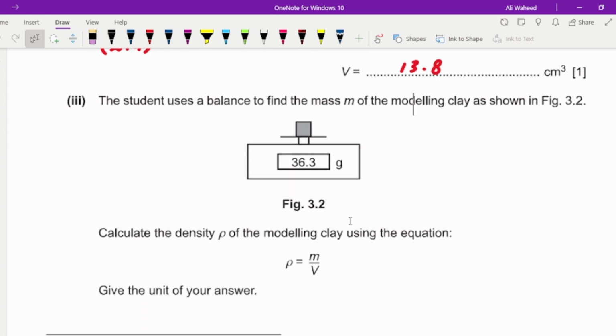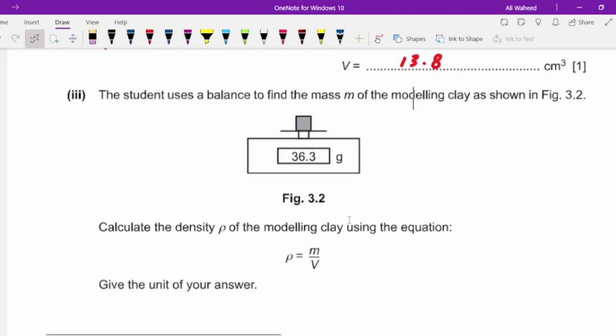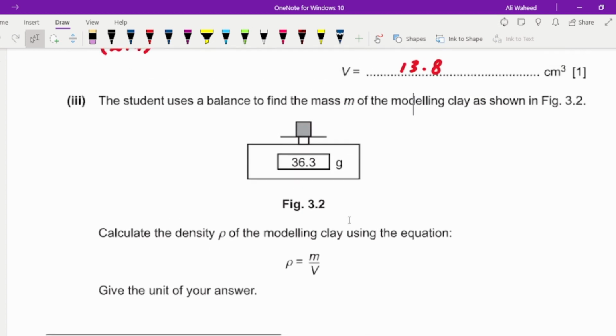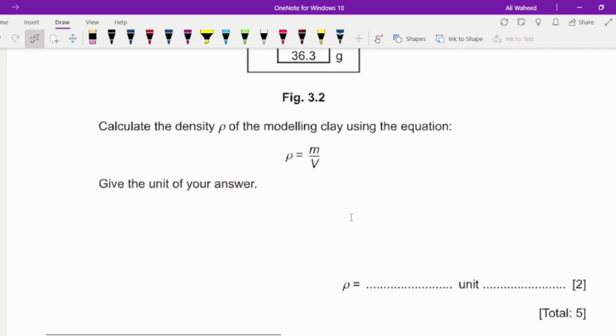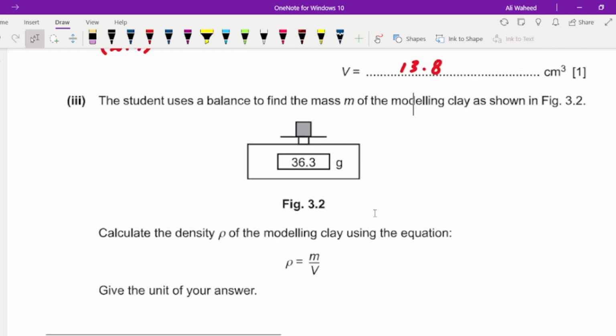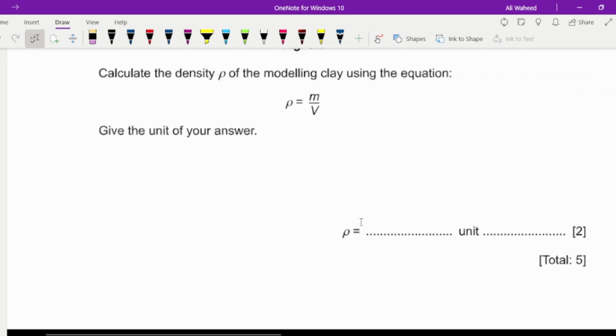The student uses a balance to find the mass m of the modeling clay as shown in figure 3.2. And then the mass is shown. We have calculated the volume. We have to put both values in the formula and calculate the value of the density. So 36.3 divided by 13.8.